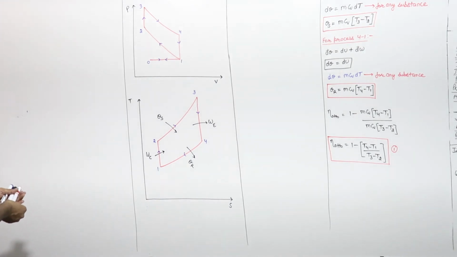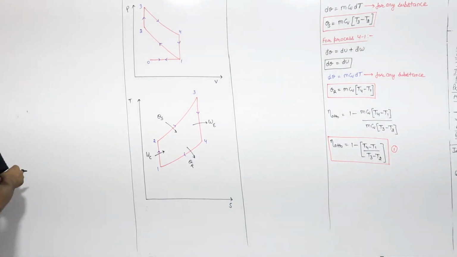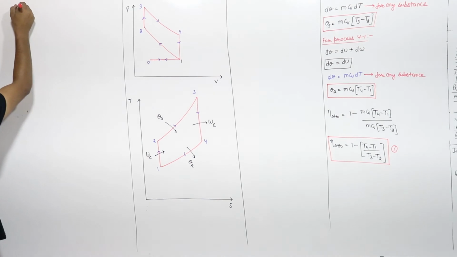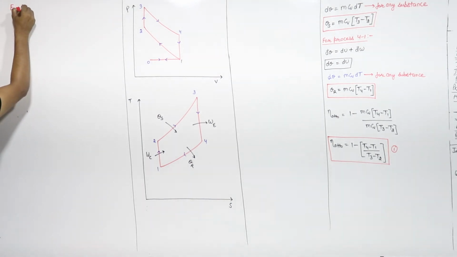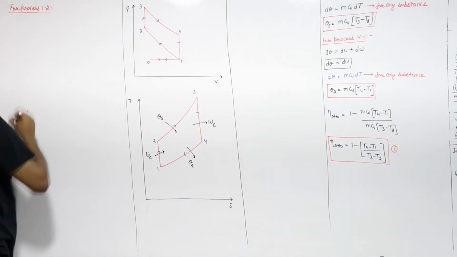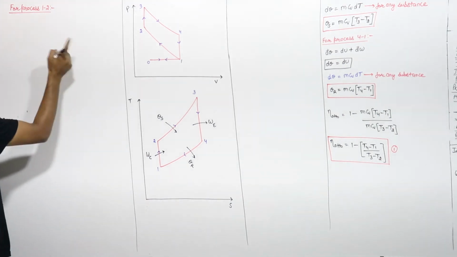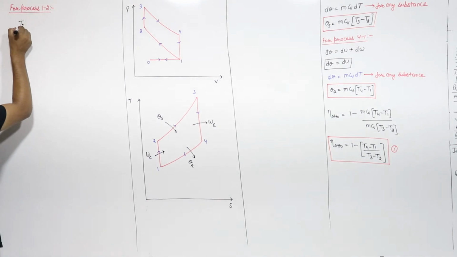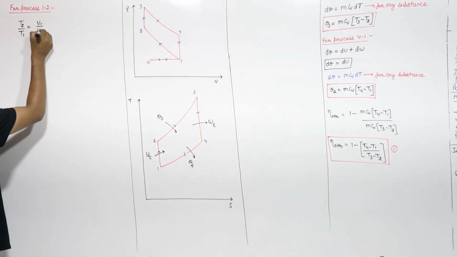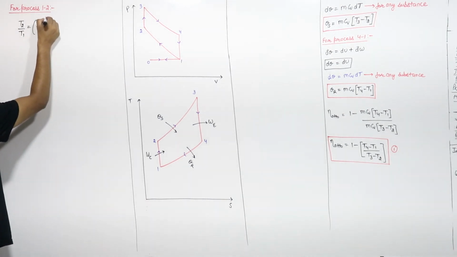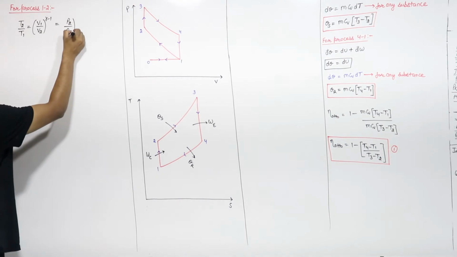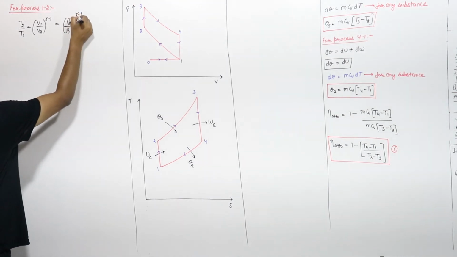Now let us consider the process 1 to 2. This process 1 to 2 is an adiabatic compression, so you can write this relation: T2 by T1 will be equal to (V1 by V2) raised to power gamma minus 1, and this will be equal to (P2 by P1) raised to power (gamma minus 1) upon gamma.